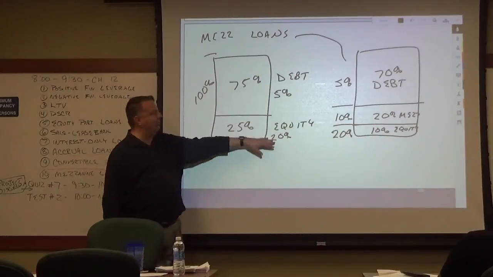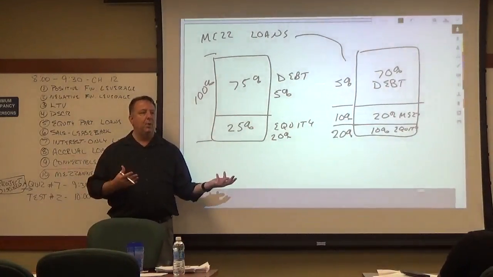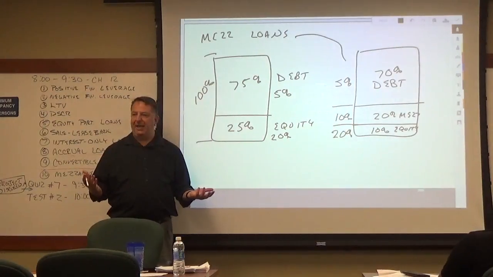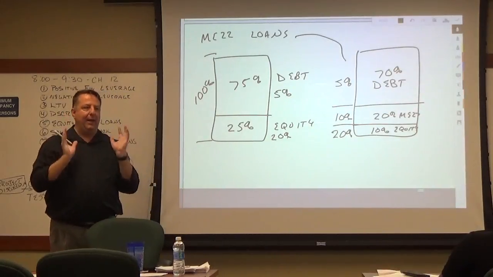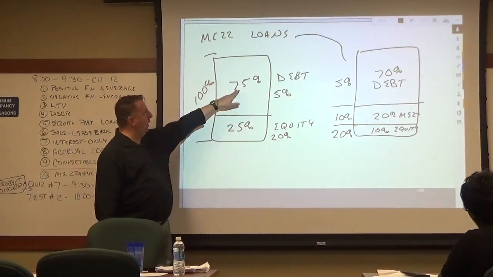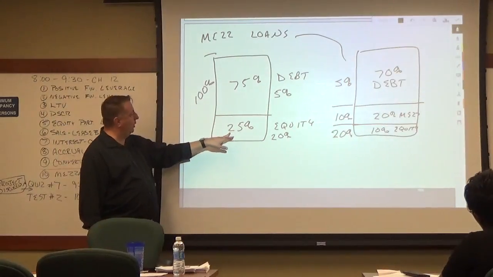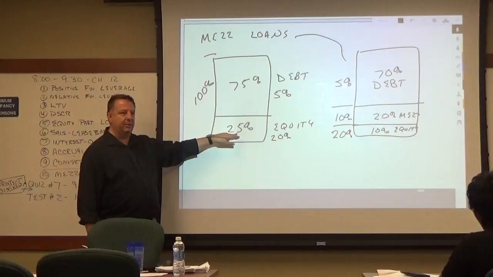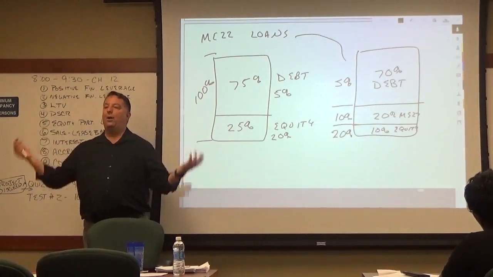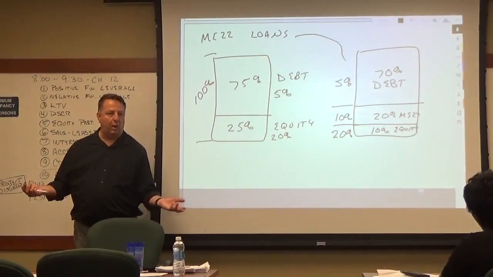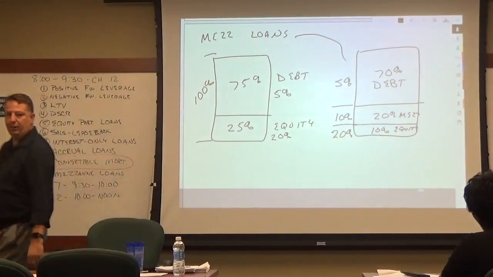We could do kind of a blended average and figure out what the overall capital structure would tell us that our project needs to yield. This is like looking in reverse on the leverage side. We know what our loan to value is, we know what our cost of debt is, we know what our equity percentage is, and we know what the return on equity is. Now we need to figure out what does the project need to yield overall in order to pay for itself. Does that make sense? Working in reverse.